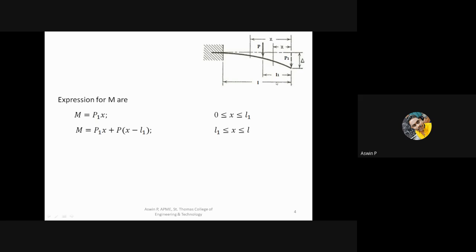Since it is acting in the clockwise direction, definitely this will be minus P1 into x. Here it is written as P1 into x, but there will be a minus sign also.